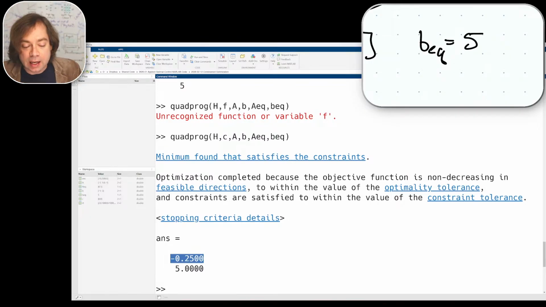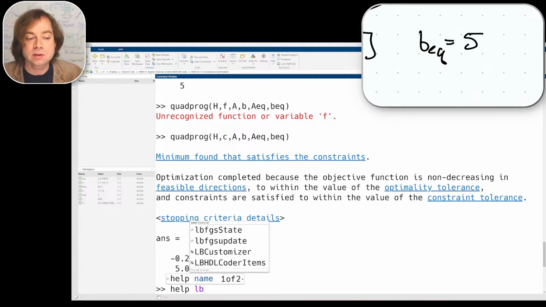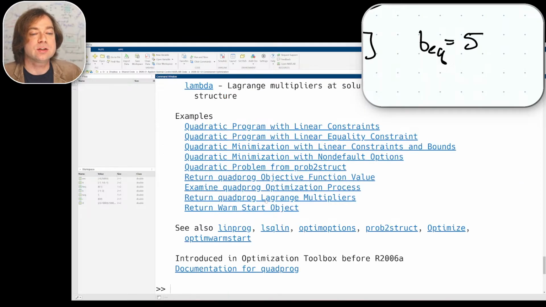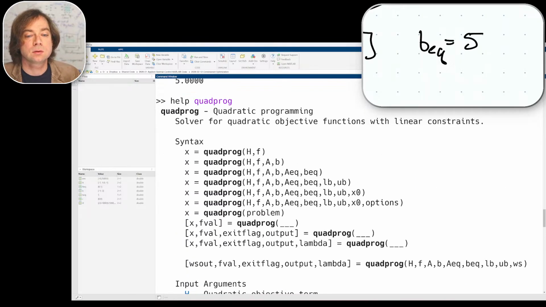The same deal. And finally, you have the lower bounds. So if you look at quadprog again, there's all kinds of things you can add here. You add a lower bound and an upper bound. These are vectors that, if you put them in, literally say this decision variable cannot be higher or lower than the upper and lower bound respectively.